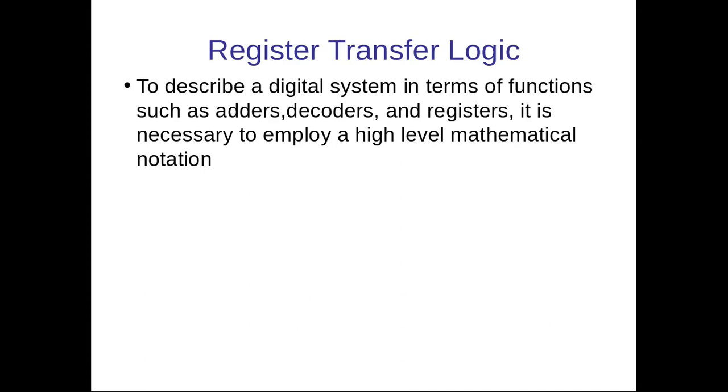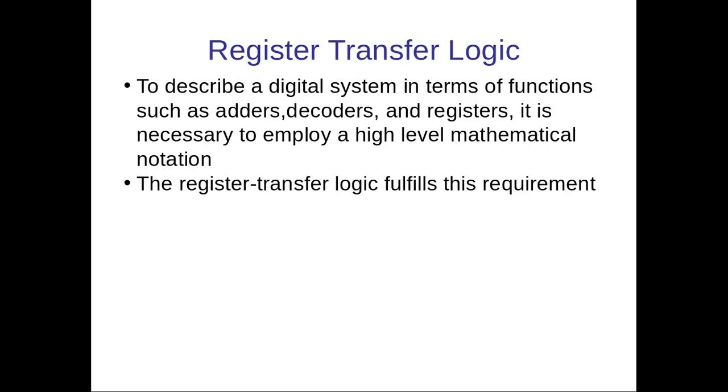To describe a digital system in terms of functions such as adder, decoder, and registers, it is necessary to employ a high level mathematical notation. Just like our programming language, register transfer logic fulfills this requirement.